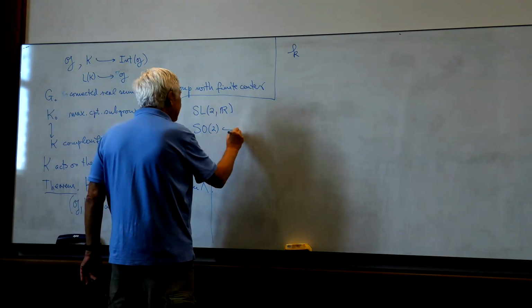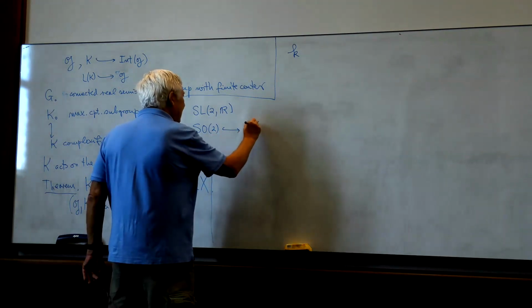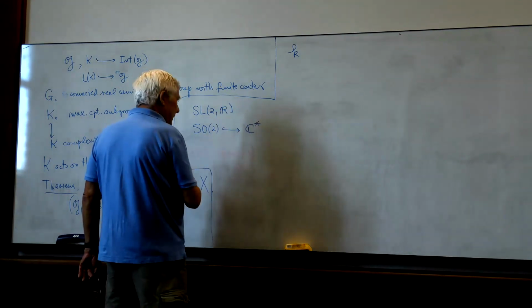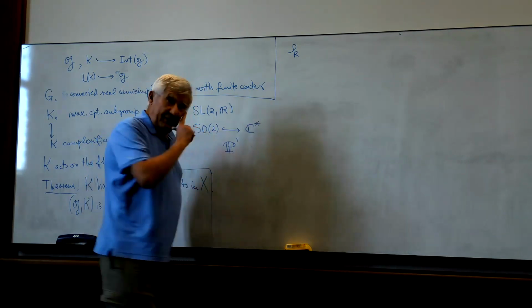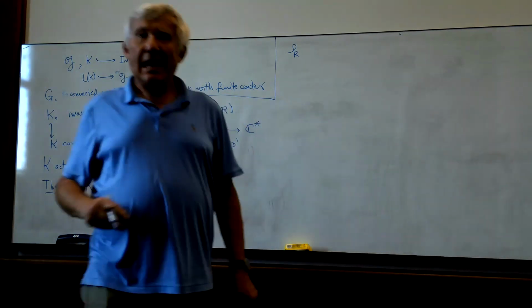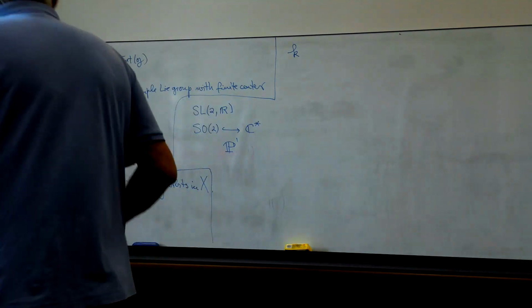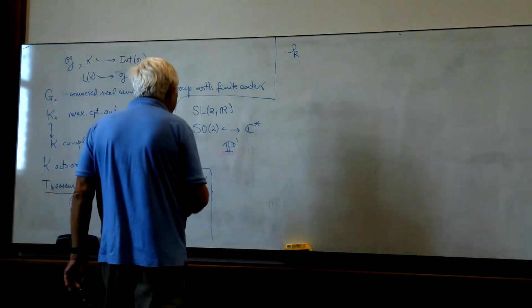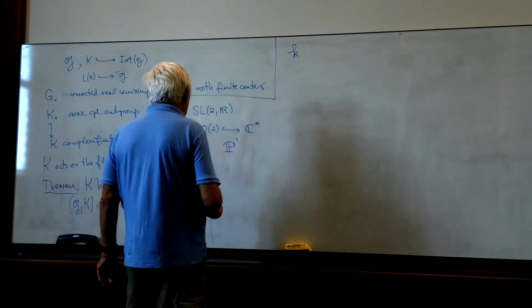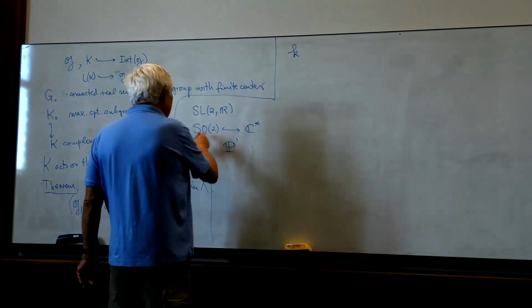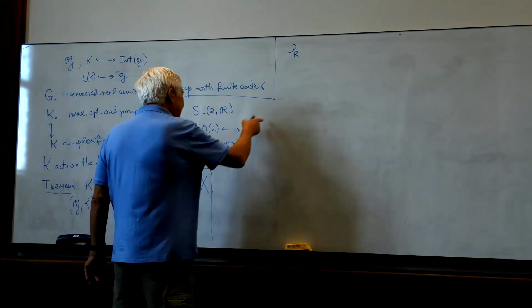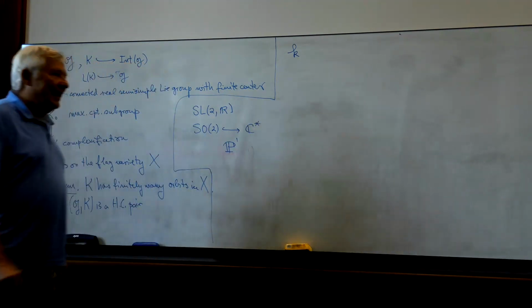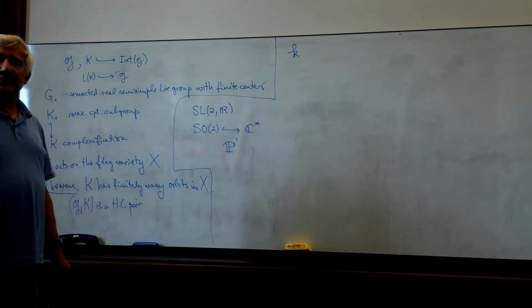If you look at the complexification of SO2, it is C star, and the flag variety of SL2(R) is one-dimensional, the Riemann sphere. If you calculate the orbits, basically, in projective coordinates, this C star acts by multiplication by the square.